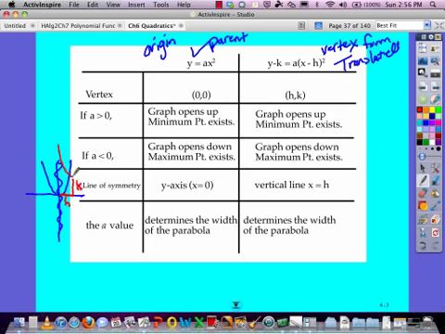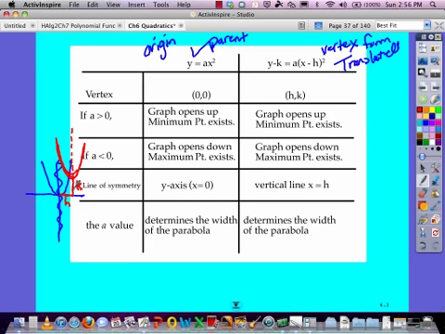Then you've got to remember that new line of symmetry is x equals h. x equals a number is always a vertical line, and it's however many spaces you moved it, h, and that would be your new line of symmetry. So that's where we get our vertical line.